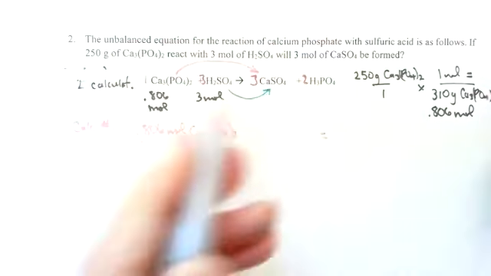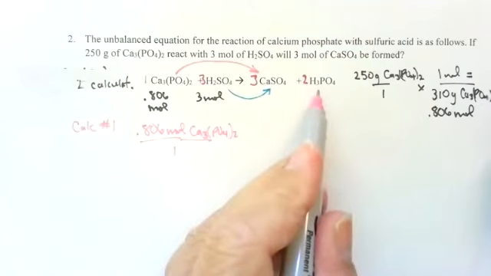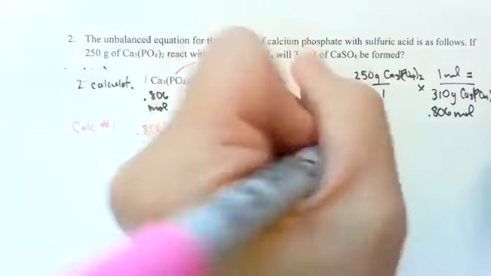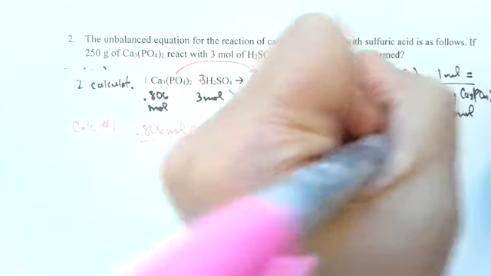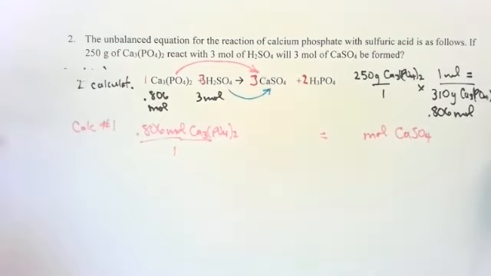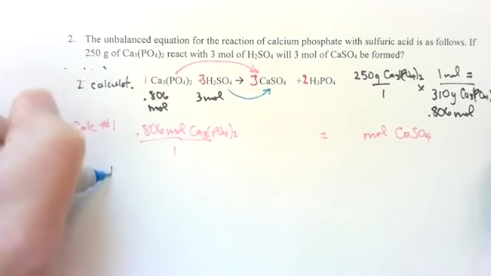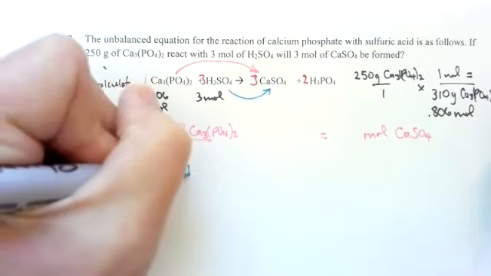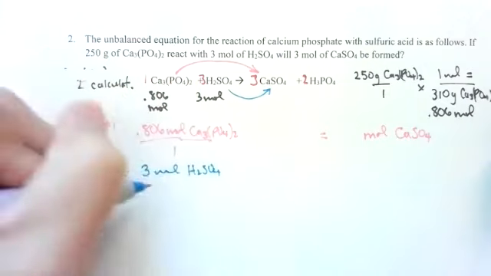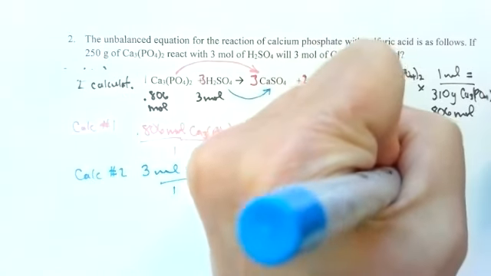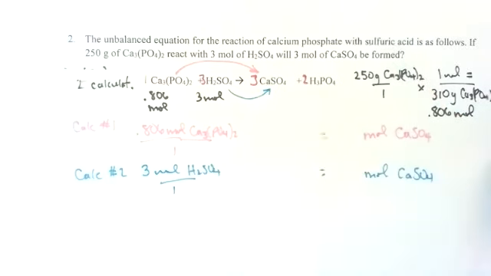And I'm going to solve for, again, I could do phosphoric acid as easily, but I'm just going to go with moles of calcium sulfate. And in number 2, I've got 3 moles of sulfuric. I'm going to put that over 1, and I'm going to go to moles of calcium sulfate.